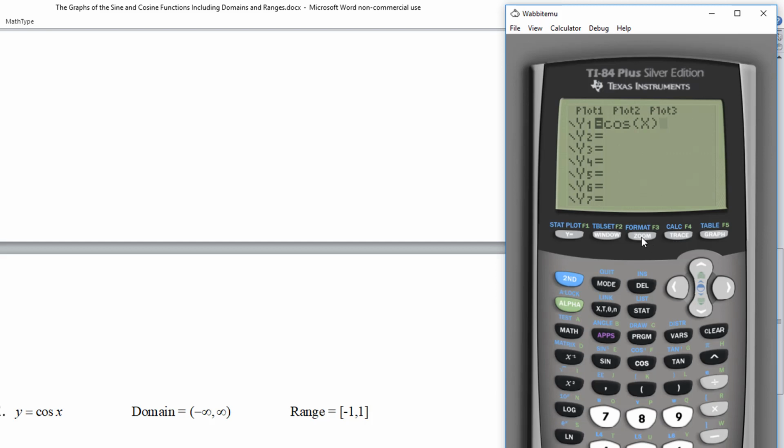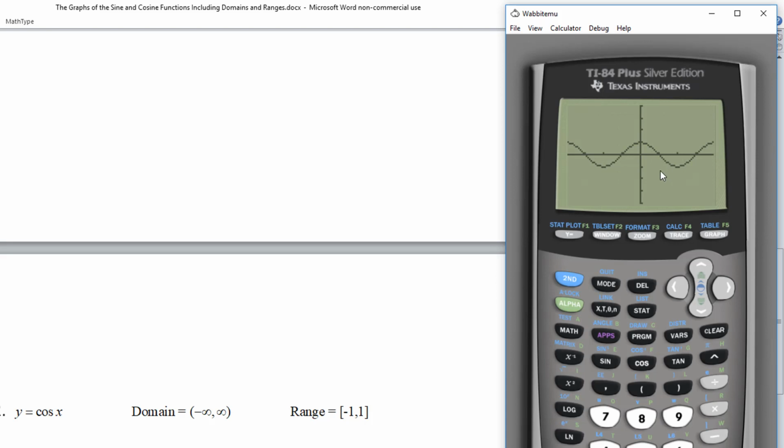And then what I do is zoom 7, Z-trig. There you have it. So the one period, the main period for the sine function, basically went from 0 to 2 pi. So a length of 2 pi, and that gets repeated. That's what we call the main period.